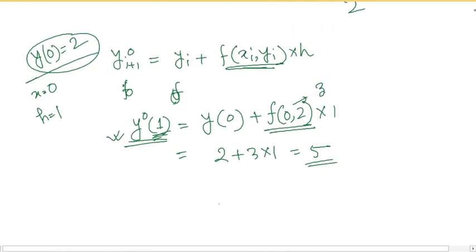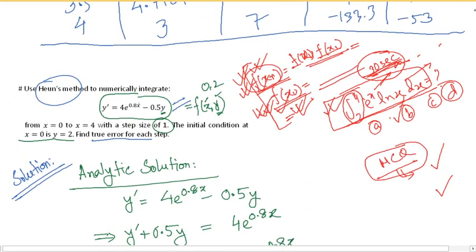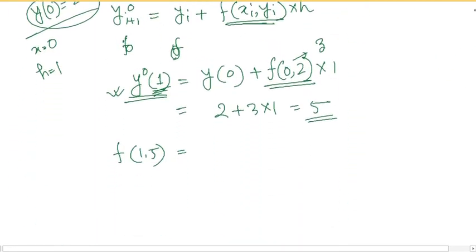So this one will be calculated now. f of 1 comma 5, that means put x equals 1, y equals 5, and you will get 6.402164.